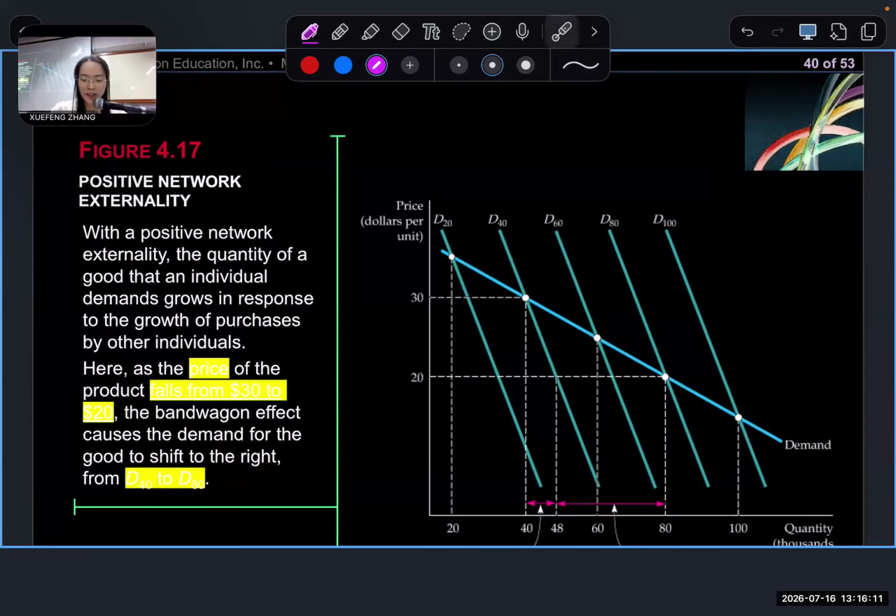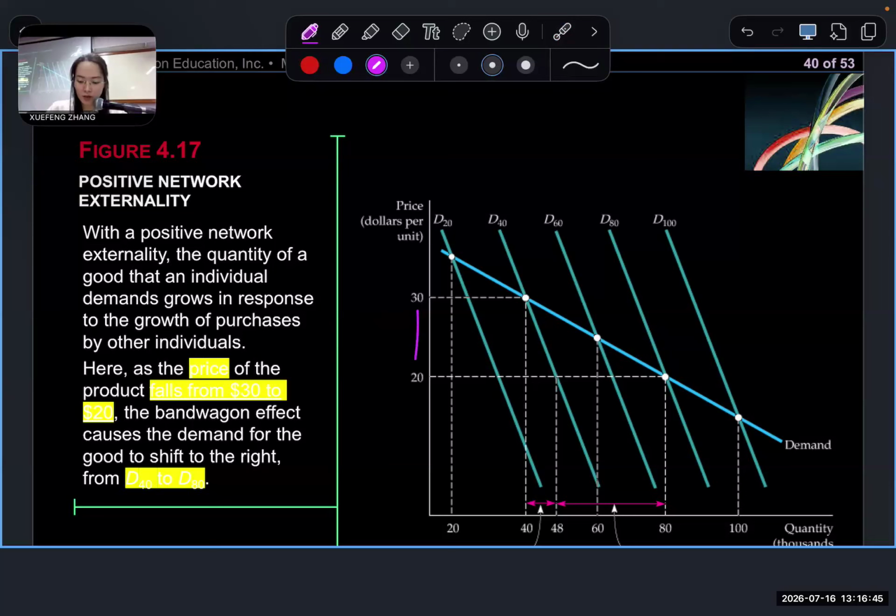Let's see the figure. This is about positive network externality. Look at this graph carefully. When price falls, two things happen. Suppose the price falls from 30 to 20.